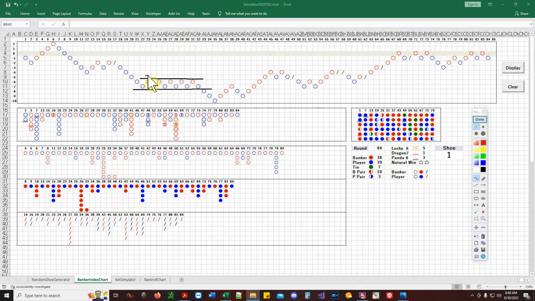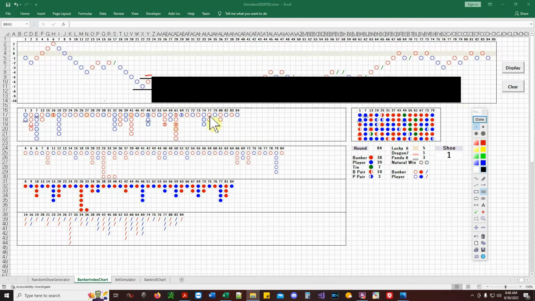Minor resistance is only one play. Okay? Did you guys hear what I just said? Minor resistance is only one play. Not knowing what's back here. So this is minor. And the reason why I'm calling this minor is because since this is a player favorite shoe, we're only looking to bet player.